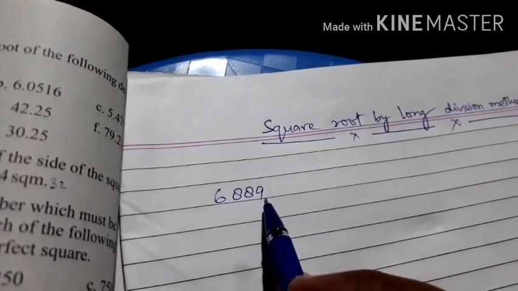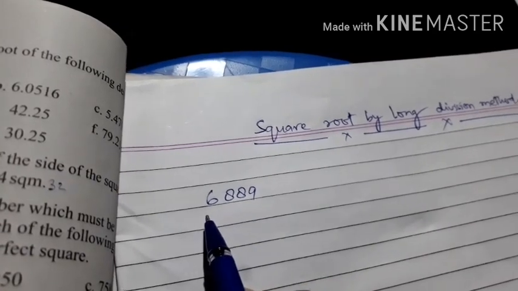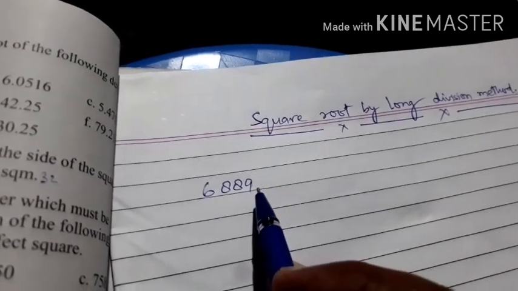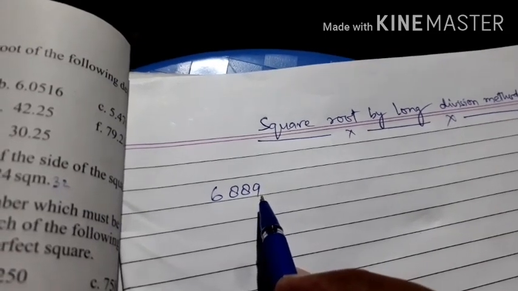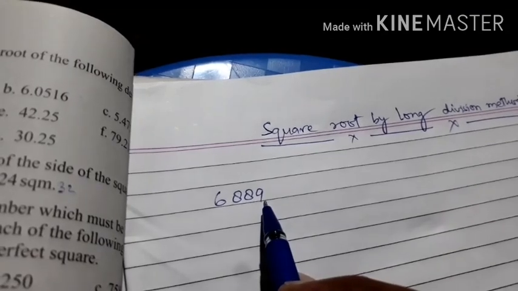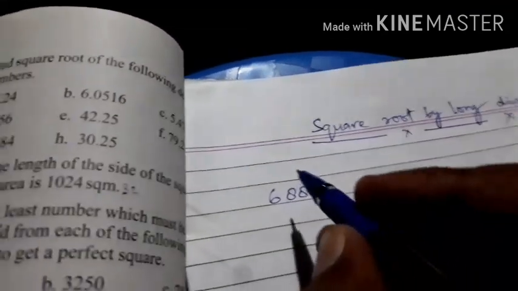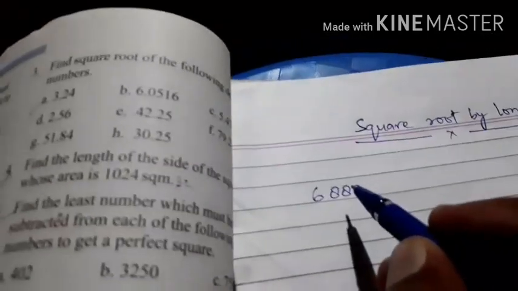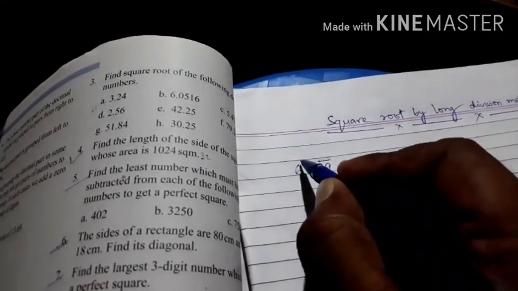This is the unit digit, this is the tenth digit, this is the hundred digit, this is the thousand digit. So starting from the unit digit, that is 9, make a pair of the digits. So the pair of digits is 89, and the second pair is 68.